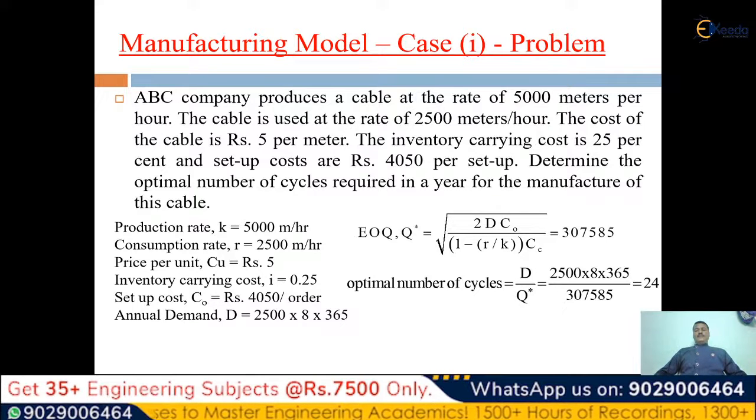The optimal number of cycles is the total demand divided by the EOQ, which is 2500 into 8 into 365 divided by 3,07,585, which comes to 24. So from this inventory model, we conclude that if we do the setup 24 times in a year, we'll be able to manage the inventory model for manufacturing in a proper way.